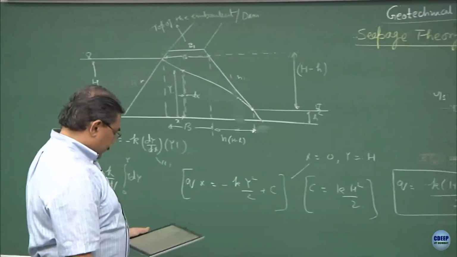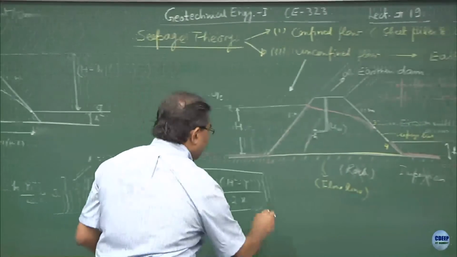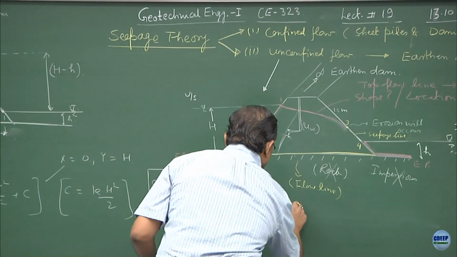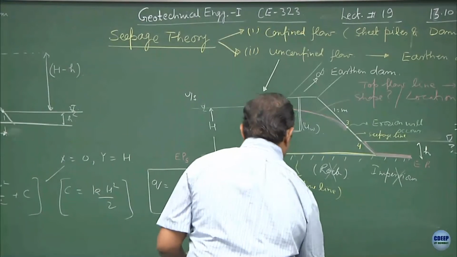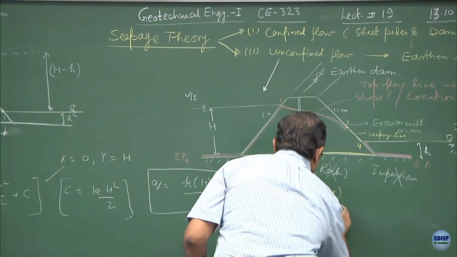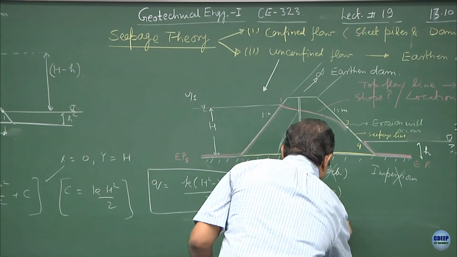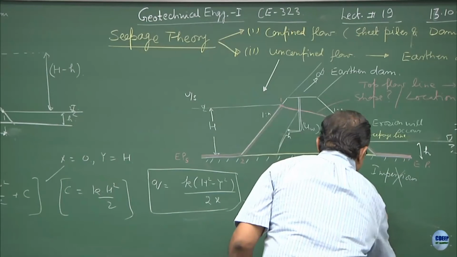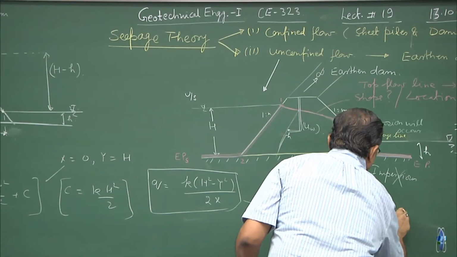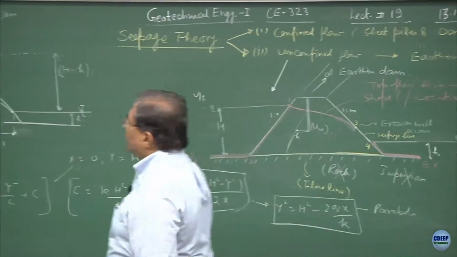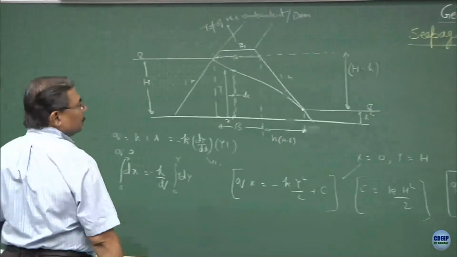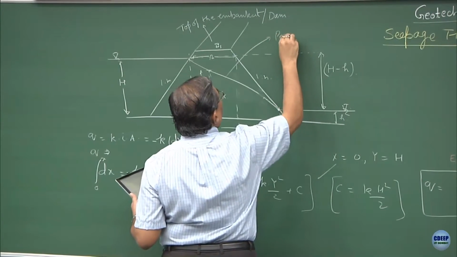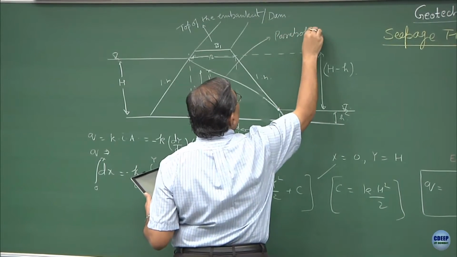I hope you can realize that this is the equation of a parabola, where I can write y square equal to h square minus 2 times qx upon k. This is the equation of the parabola. So what we have proven is that the top flow line happens to be a parabolic curve.